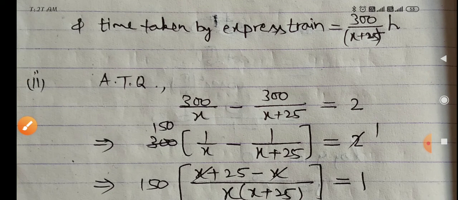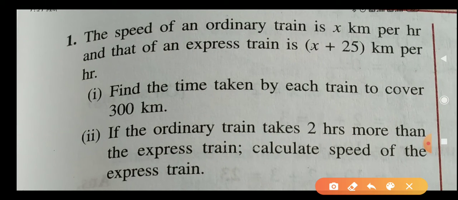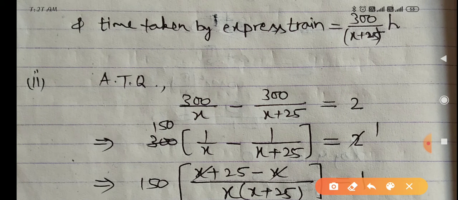In the second part, according to the question, the ordinary train takes 2 hours more than the express train. Means time taken by ordinary train is 2 hours more than time taken by express train. So it means that the difference of time taken by ordinary train and by express train is 2 hours.